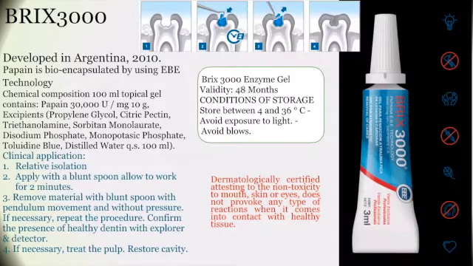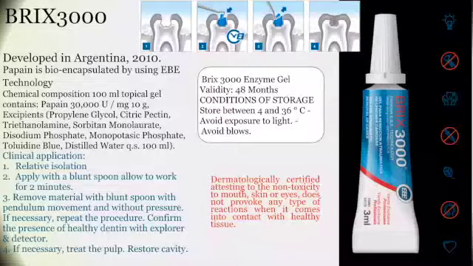Brix 3000 was developed in Argentina in 2010, and they are using an encapsulating buffer emulsion technique, which is different from the other products. They're claiming that this gives the product extreme stability and increases the enzymatic activity. They're saying that higher proteolysis effectiveness is achieved, therefore, and there is less dissolution of the active principle by oral fluids.